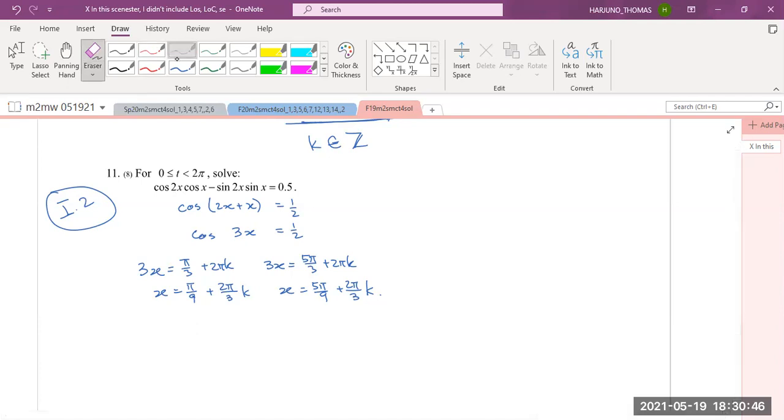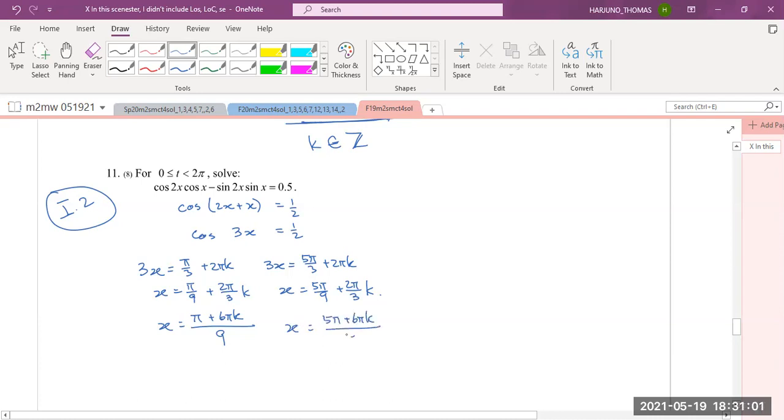You may want to do LCD. So this is pi plus 6 pi k over 9, and this is 5 pi plus 6 pi k over 9. So when k equals 0, we get x equals pi over 9, x equals 5 pi over 9.